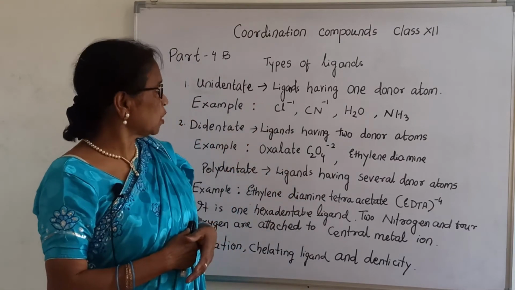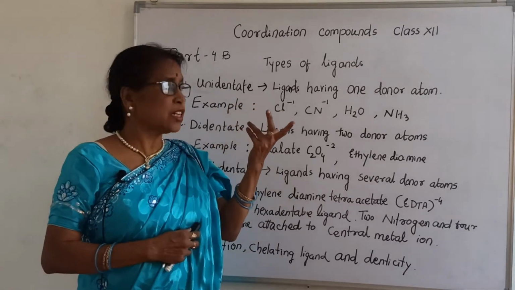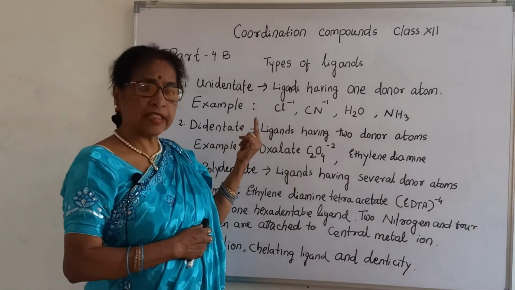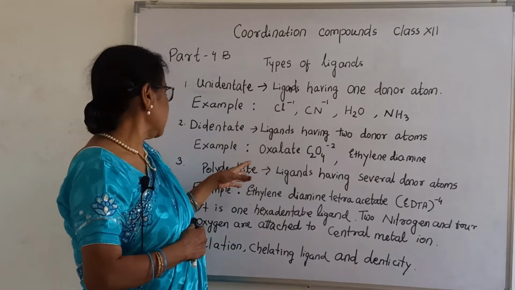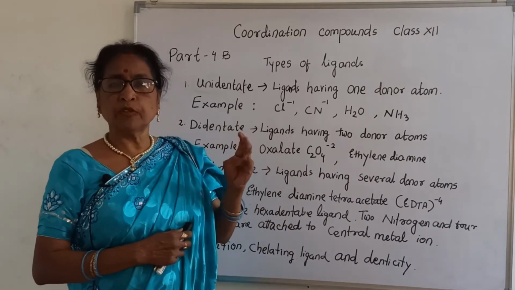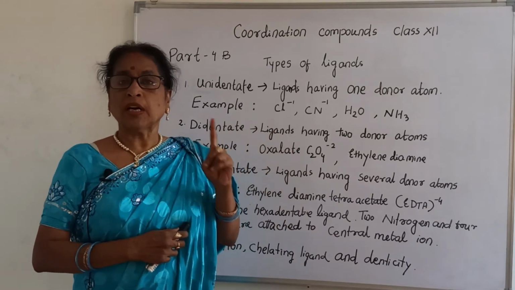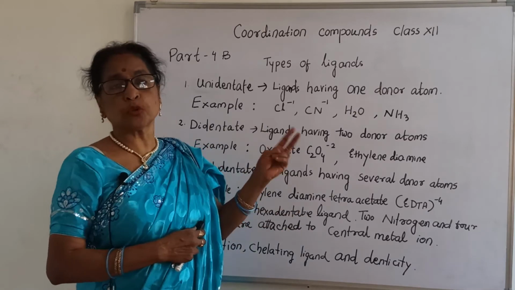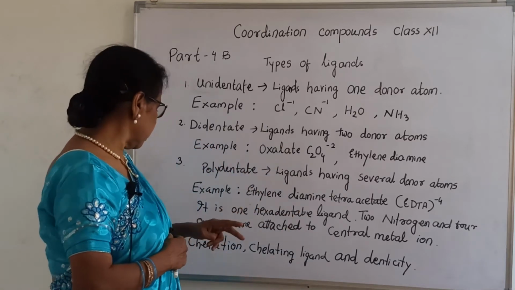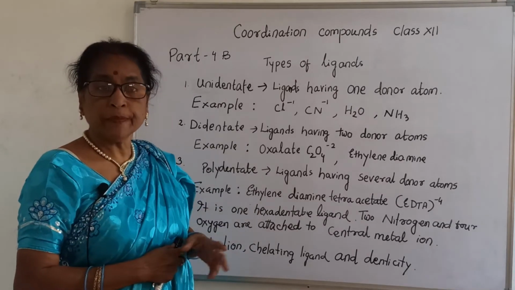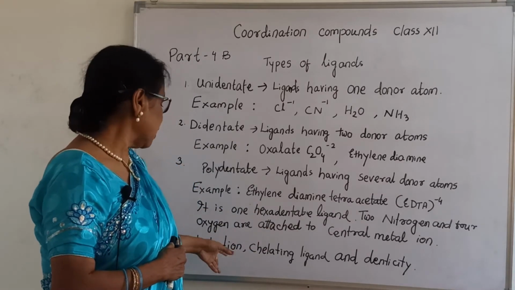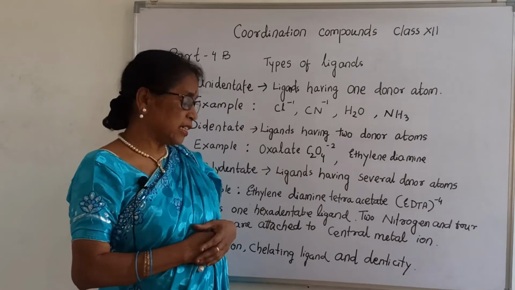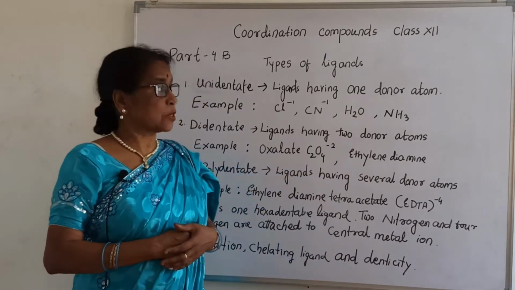So now you should know what are unidentate ligands and didentate or bidentate, similarly polydentate ligands. Unidentate means one donor atom, bidentate means 2 donor atoms, polydentate means so many atoms can donate to the central metal ion. And chelating ligand and denticity I am going to explain.